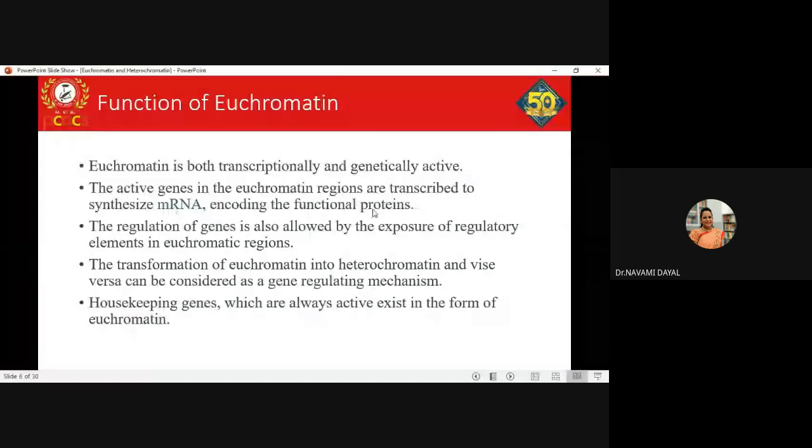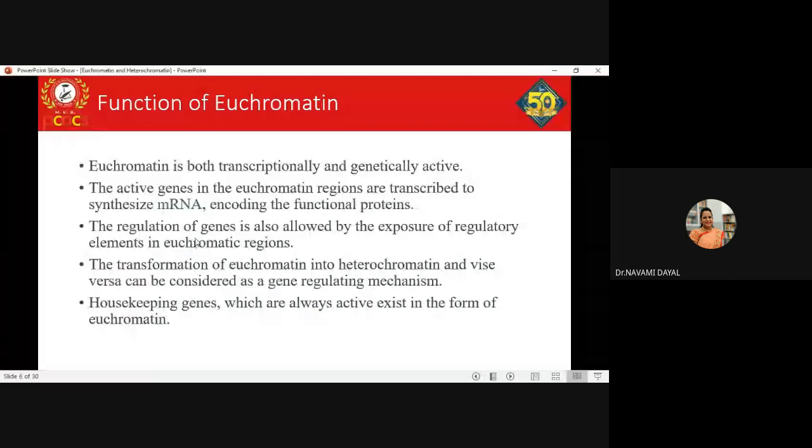Regulation of the genes is also allowed by the exposure of regulatory elements in the euchromatic region. So regulatory elements are also present. Genes coding for the regulatory sequences are also present in this euchromatic region, which help in gene regulation as well.